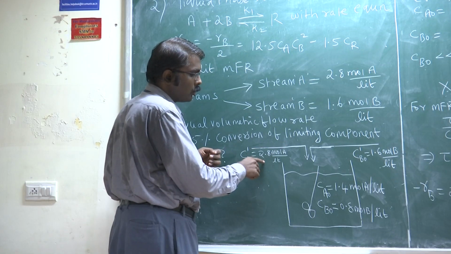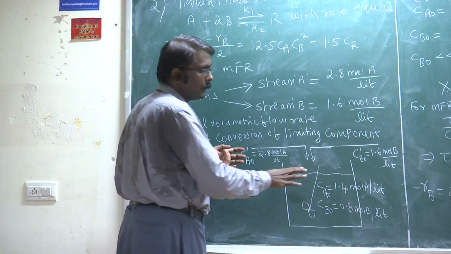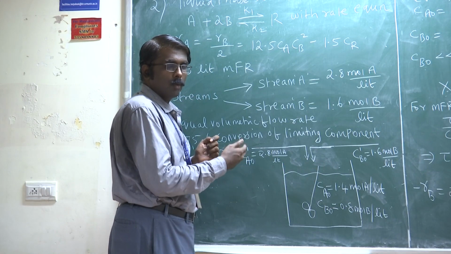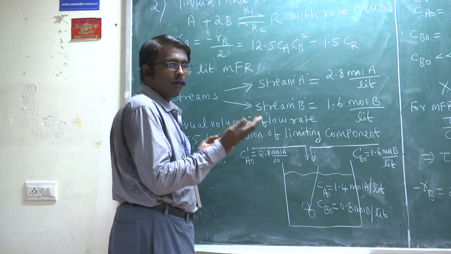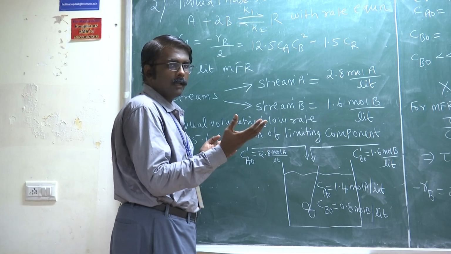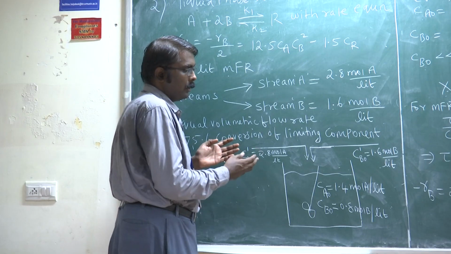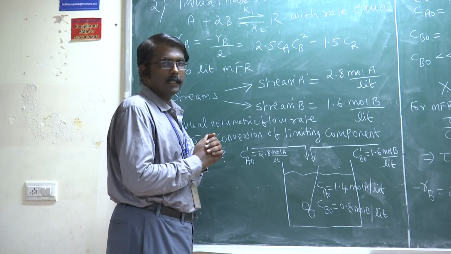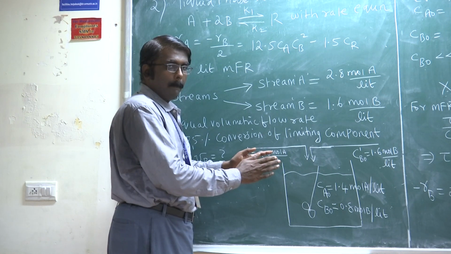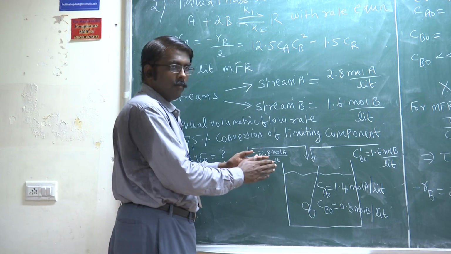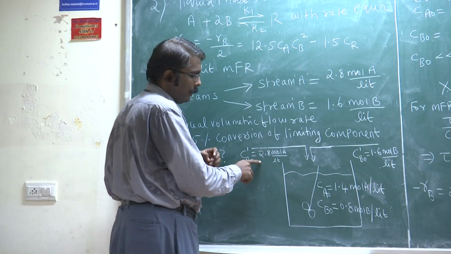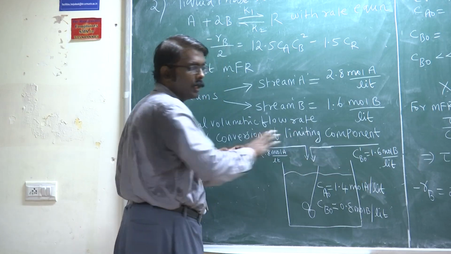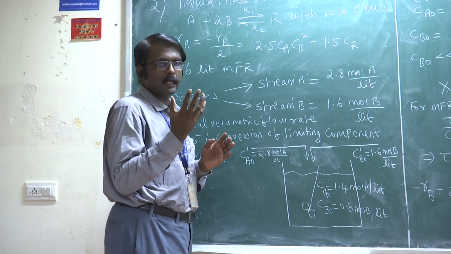For example, if stream A enters at a volumetric flow rate of 1 liter per minute, just assume some value, the same flow rate applies to stream B. Then inside the reactor the total volume is 2 liters: 1 liter of A and 1 liter of B, so the solution volume becomes 2 liters.